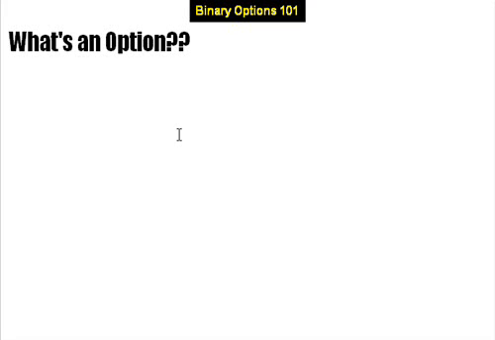So Apple options are related to, and derive their existence from, the stock of Apple, AAPL.